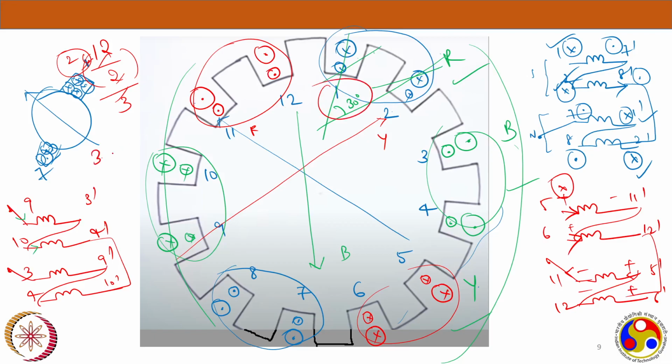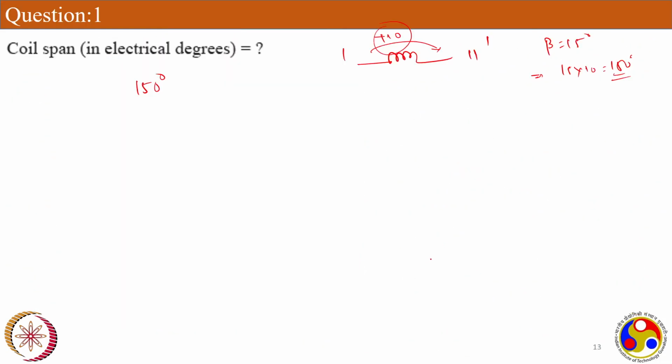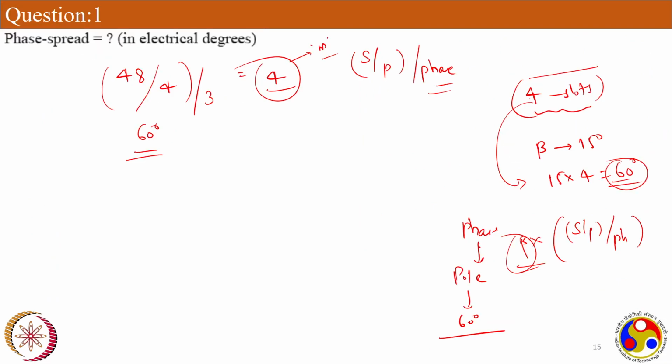So 30 into 2, a 60 degree phase spread. That's what we also got. So each slot is 30, and these two combined are 60 degrees. So R is taking 60, B is taking 60, Y is taking 60. That's what you have calculated for this particular winding.